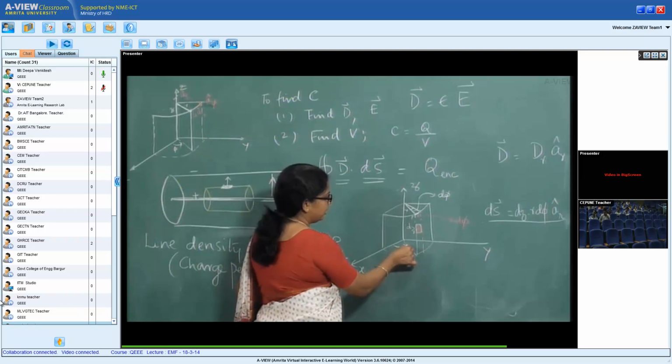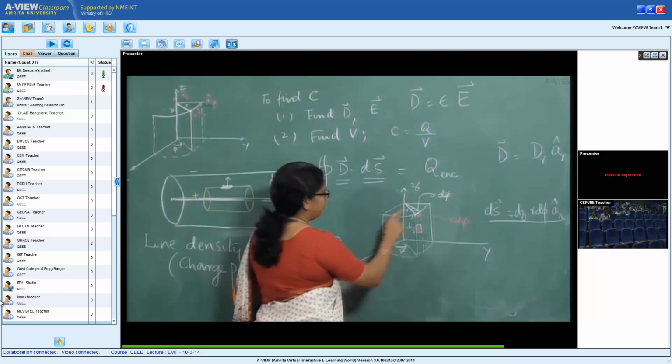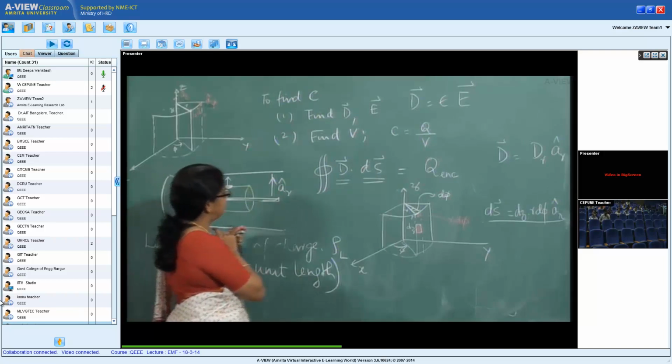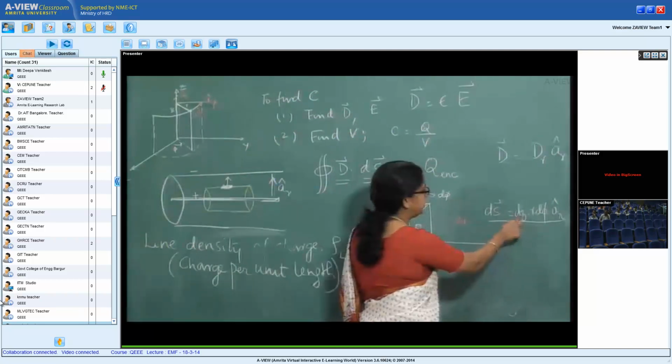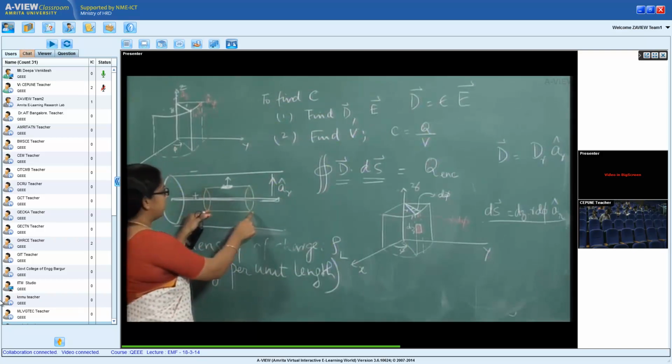What about the r limit? We are not bothered about it because we have an elemental length dz to worry about. dz is along the z axis. Let us say the length of this element is L, so z goes from 0 to L.